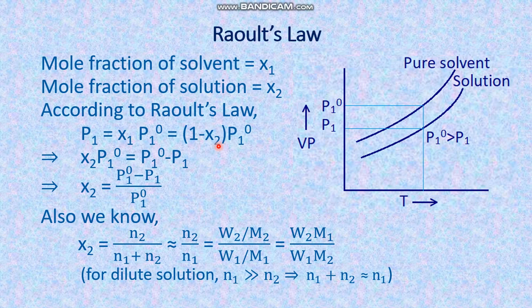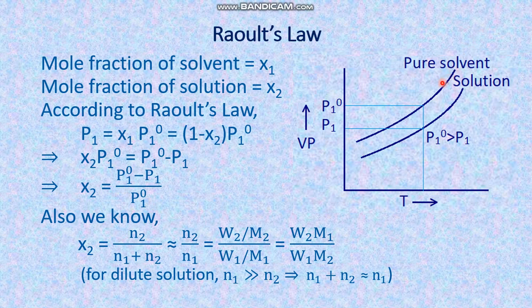And if x2 is the mole fraction of the solute, then x1 is nothing but 1 minus x2. So P1 is equal to (1 minus x2) into P10. If we rearrange this equation, then we get x2 equal to (P10 minus P1) by P10.